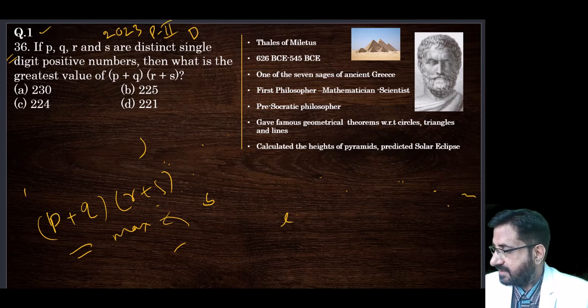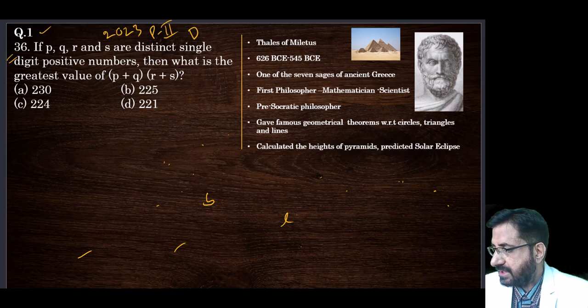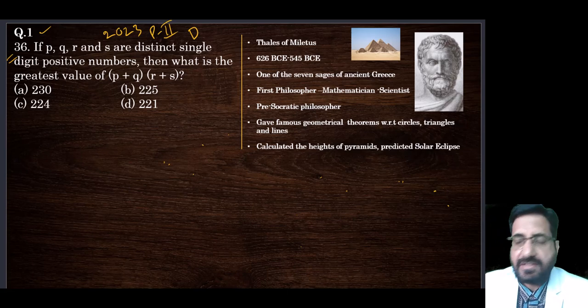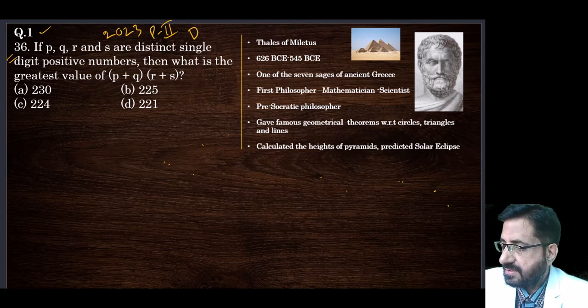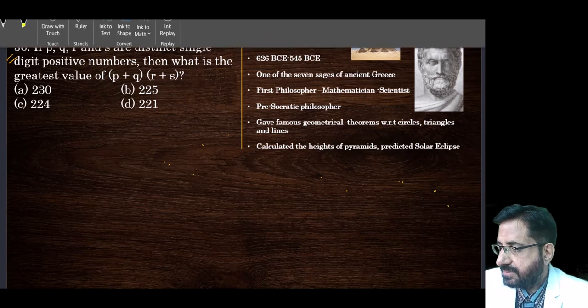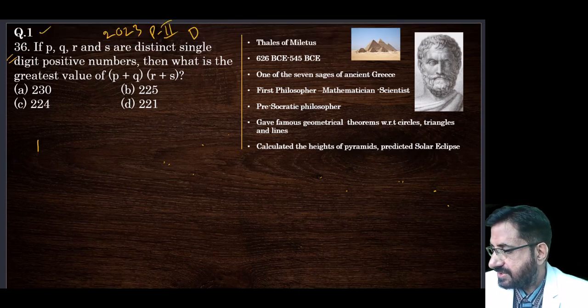Let us try. I am sure that P, Q, R, S are 9, 8, 7, 6. We don't know which is P, which is R, Q and the others. Let us try these things. So this is the given situation. Let me try P as 9, Q as 8.